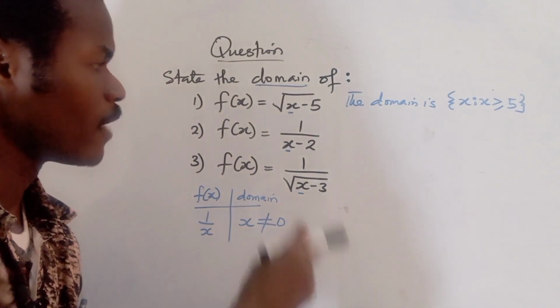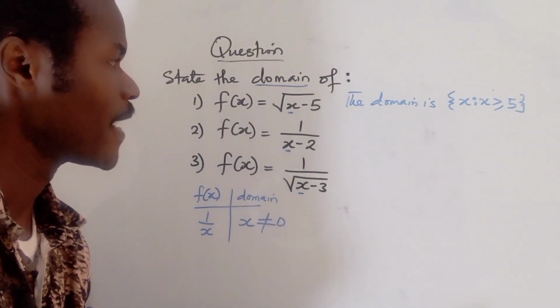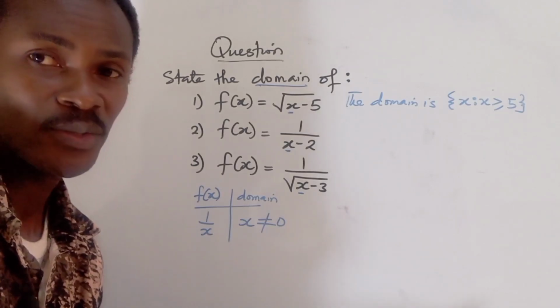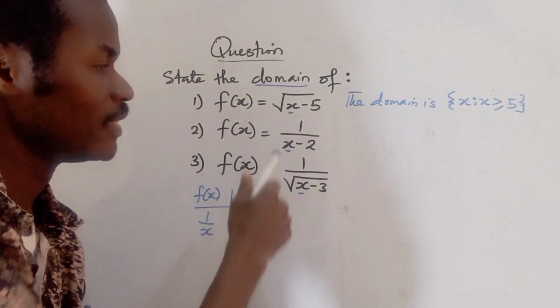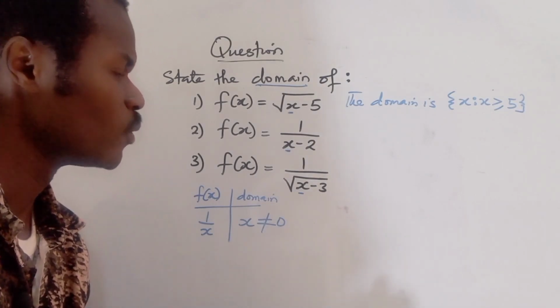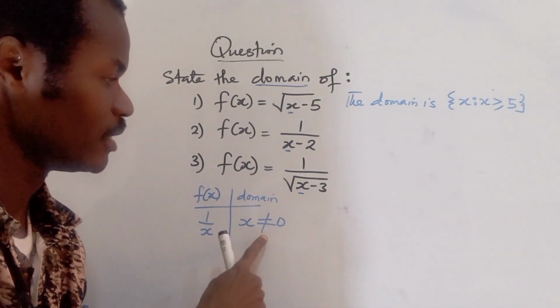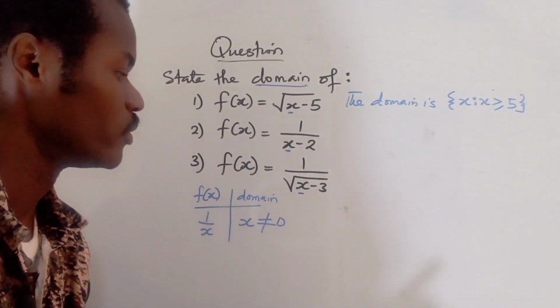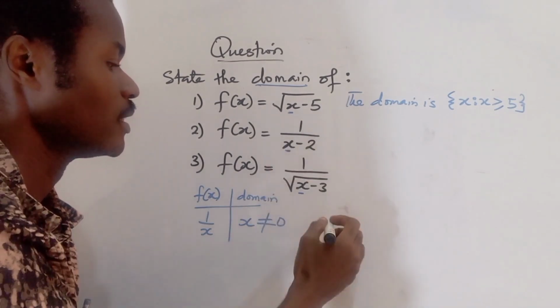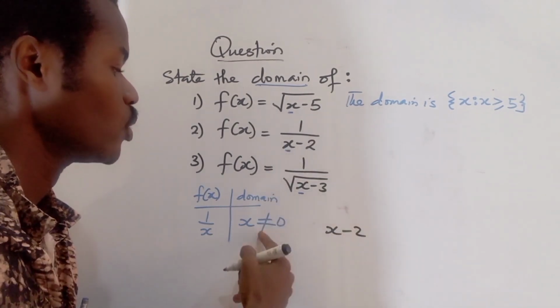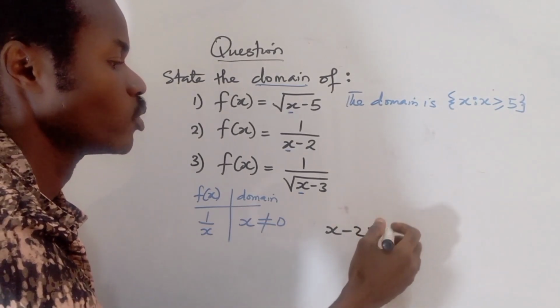So now to solve this, we want to find the values of x such that x minus 2 is not equal to 0. So what it means is we are going to say this is x minus 2, and we use not equal to 0.